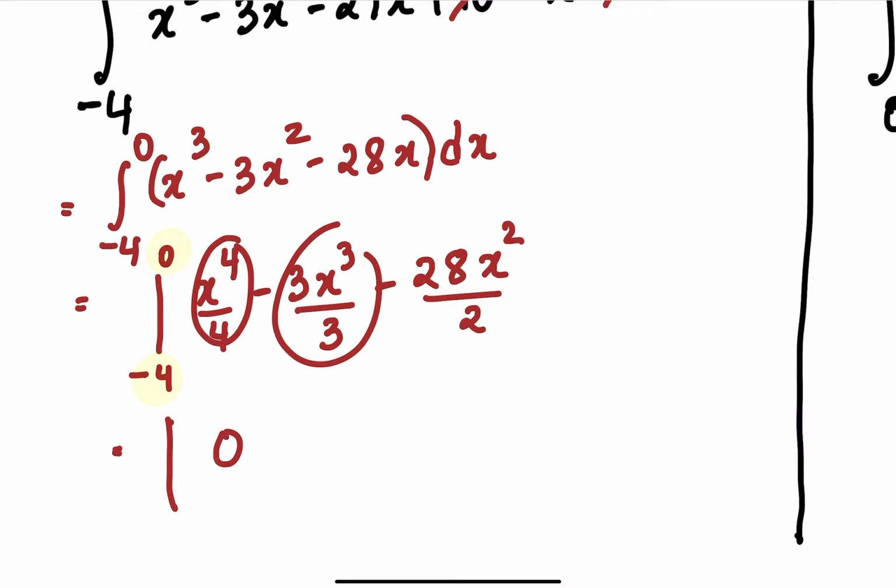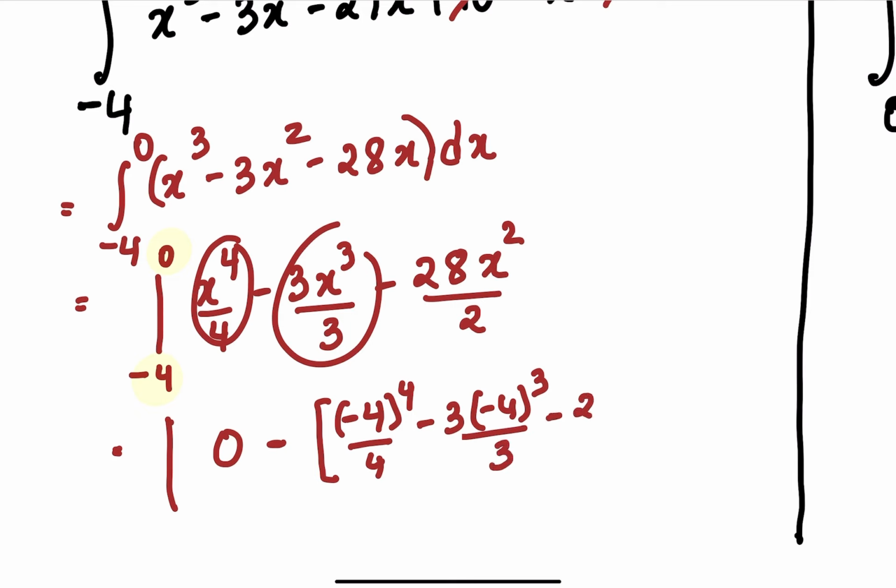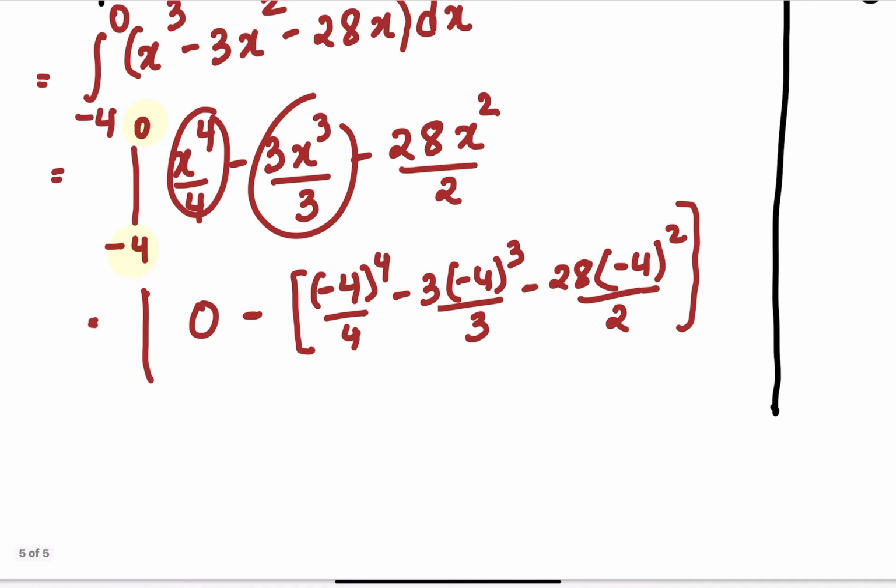So 0 minus, and now I'm going to plug in my negative 4. Negative 4 to the power 4 over 4 minus 3. You see how I always have parentheses just to make sure I don't make those mistakes, and I would highly recommend plugging it in the same way in your calculators.